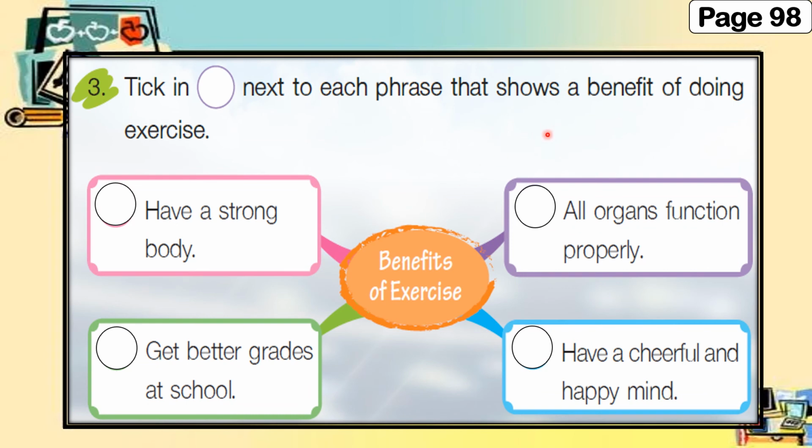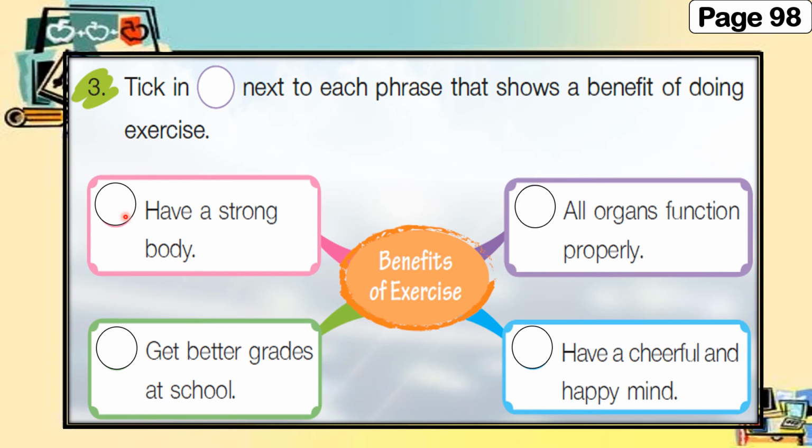Now on still page 98 on your book, in number 3, you need to put a check in the circle next to each phrase that shows a benefit of doing exercise. So what is the benefit of doing exercise? What are the good things that it can give to you?